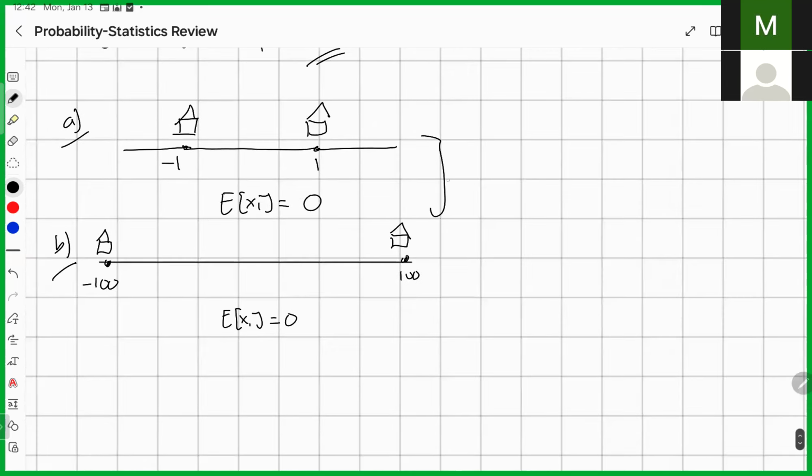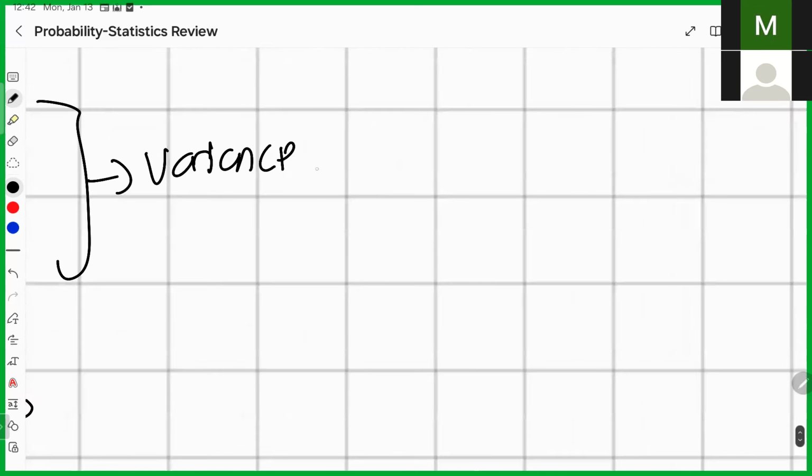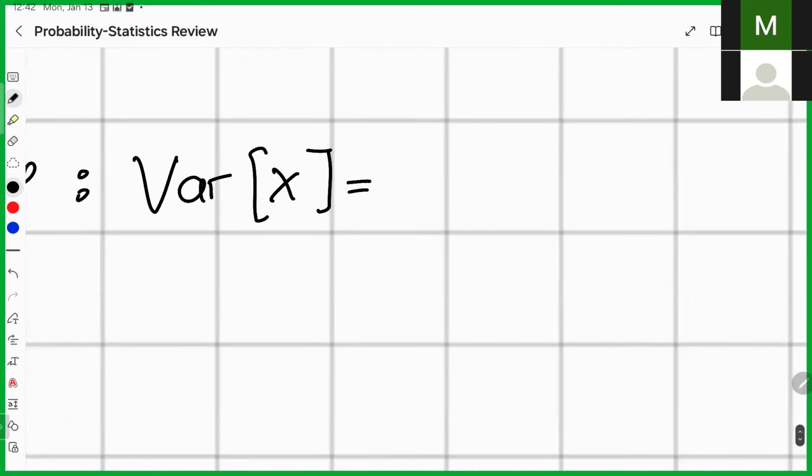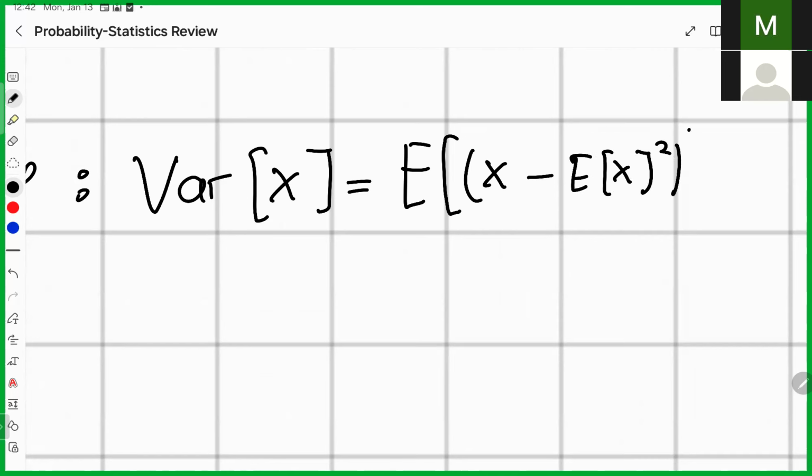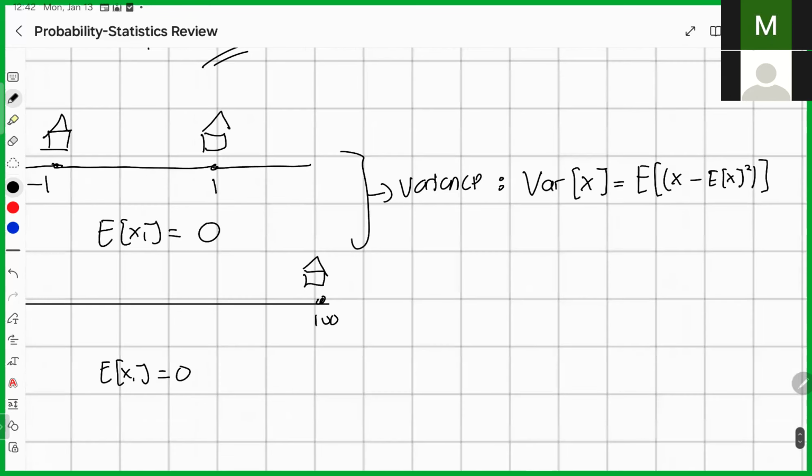So variance can help us to measure the spread, and the main formula of variance is E[X²].